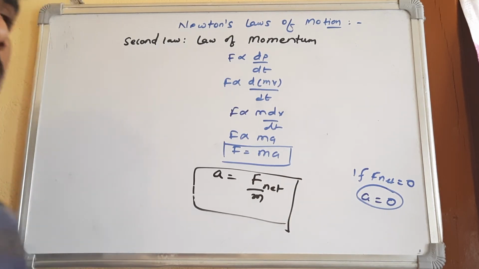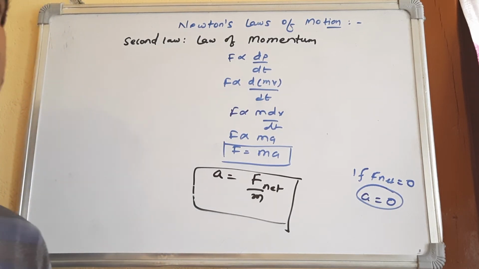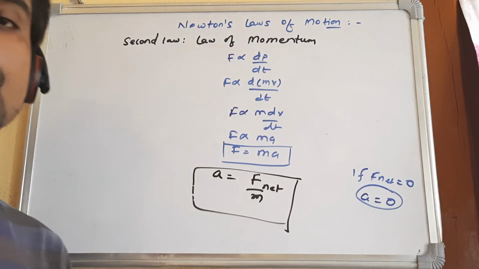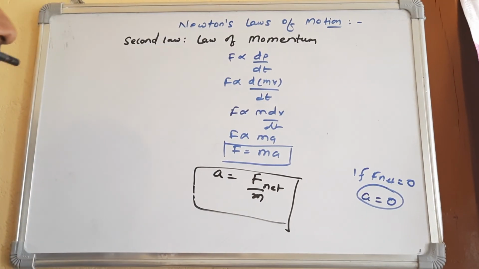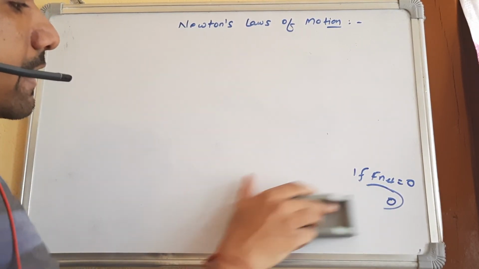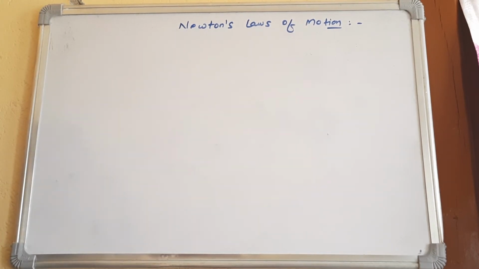Correct? Now before dealing with Newton's third law, let's think about inertial and non-inertial frames. Till now we discussed these laws for an inertial frame, but let's see how we can extend these laws to a non-inertial frame. So now the topic is dealing with non-inertial frames.